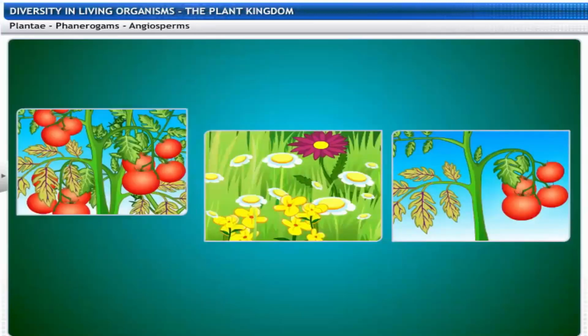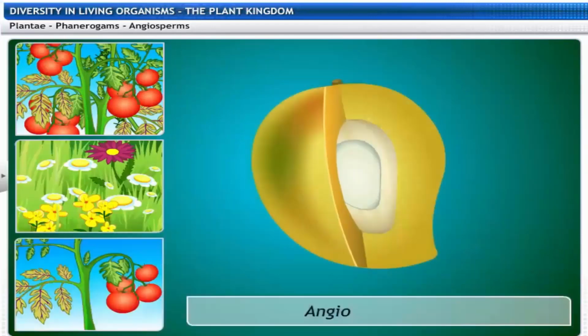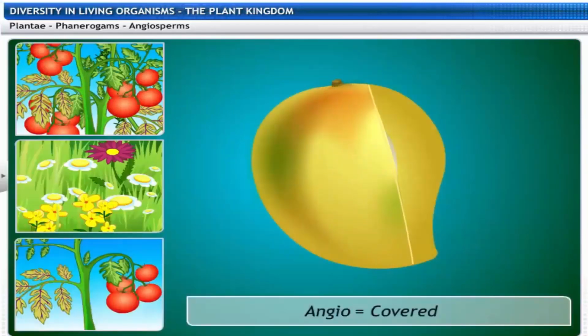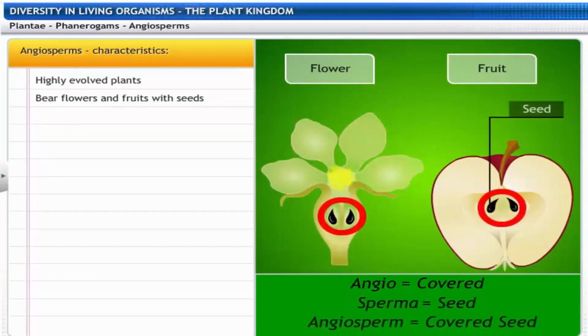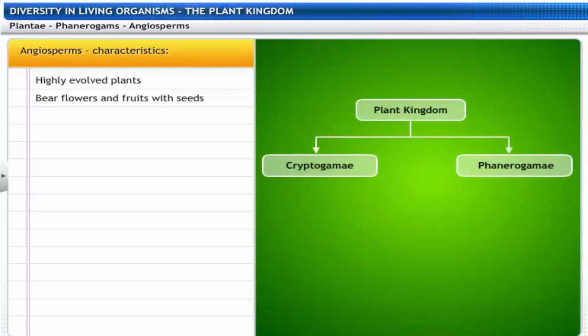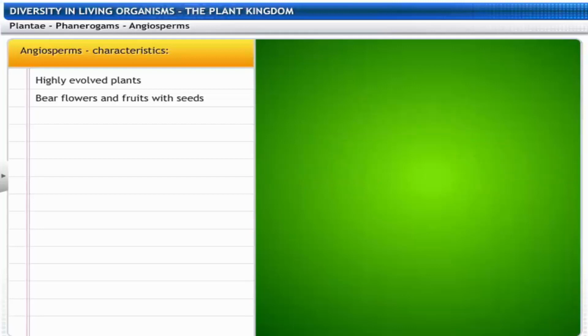The opposite of gymno in Greek is angio, meaning covered. Hence the word angiosperm means covered seed. And that brings us to the second class of phanerogams.